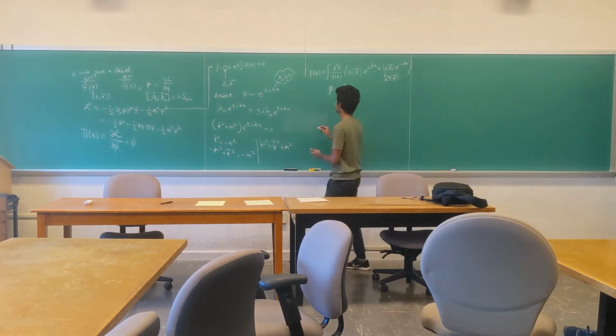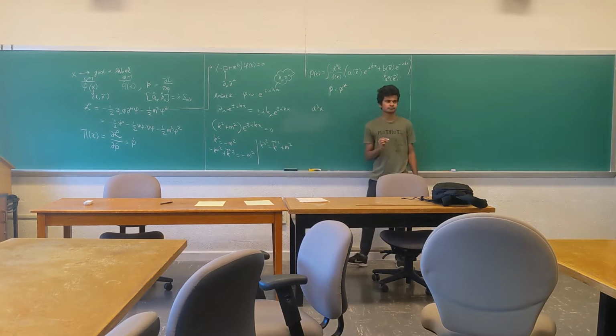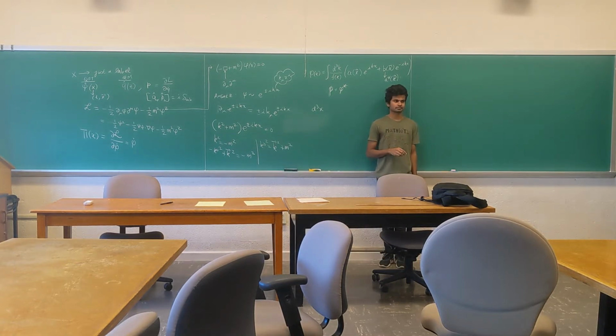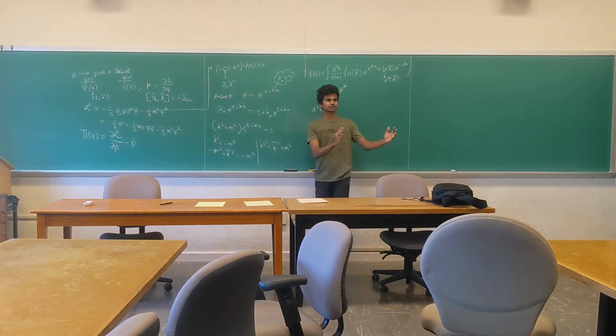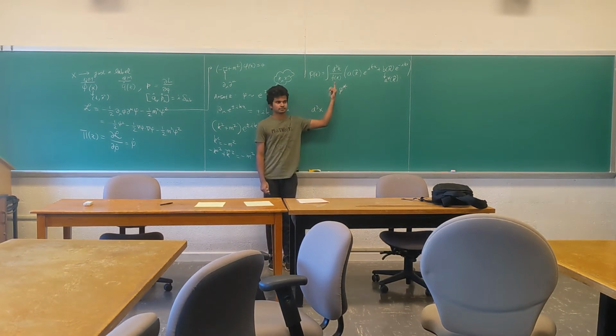So is d3x Lorentz invariant? Why not? Volume changes. For example, if I have a cube and I start moving along this direction, there is length contraction and so on. Same thing for d3k.